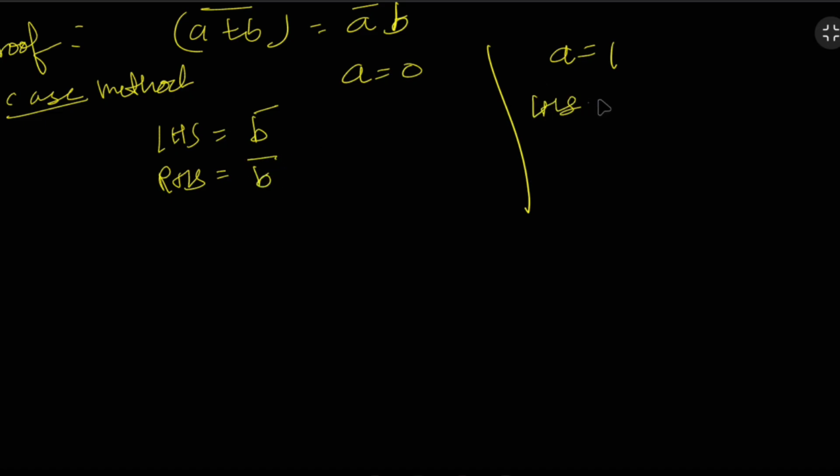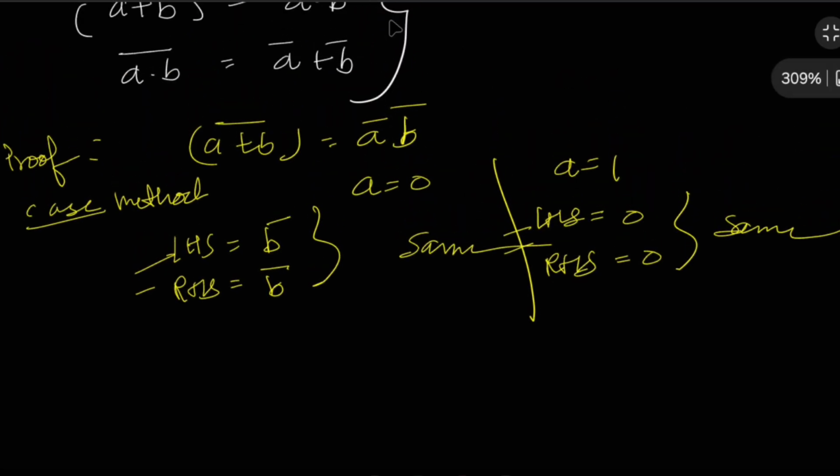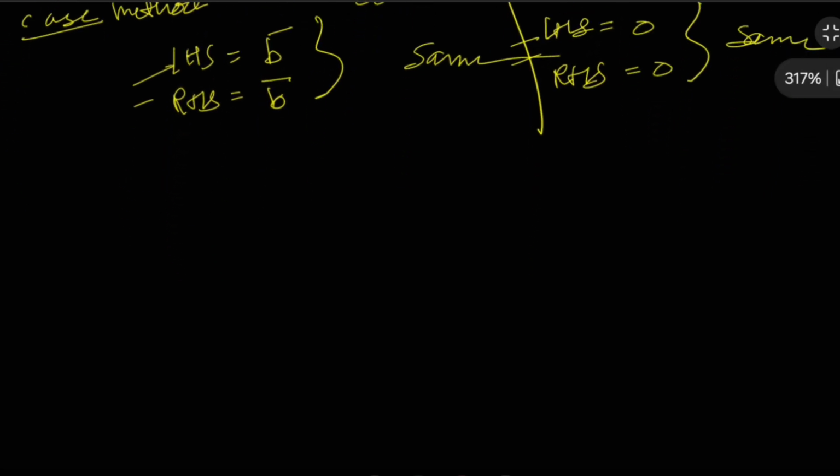Here LHS is 0 and here LHS is 0, and RHS is also 0. So we're getting same in every case. So LHS is same as RHS in every case. Similarly, you can prove the other one also. This case method will save a lot of time for you.